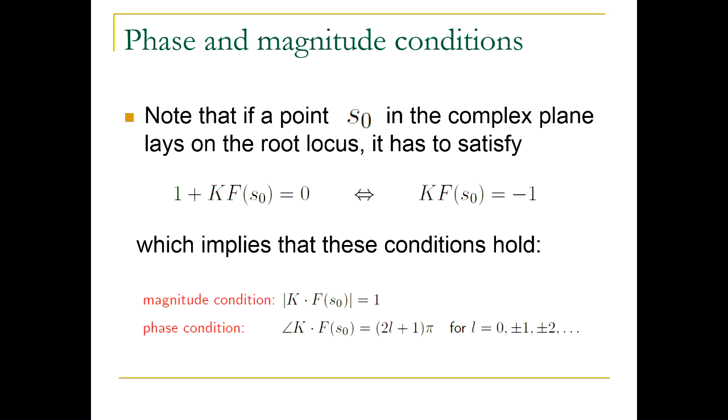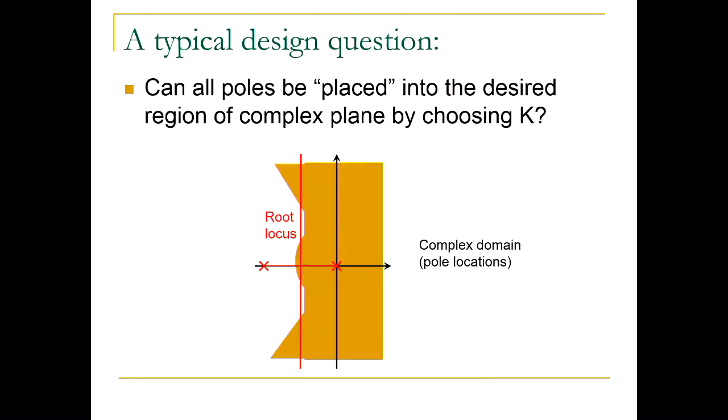If it doesn't solve the equation, then S0 is not on the root locus. So if I go back to my example, if I pick a point here and I plug this point into my equation, it won't be 0. But if I pick this point and plug it into the equation, it will be identically equal to 0. So that's how the root locus is defined, right?